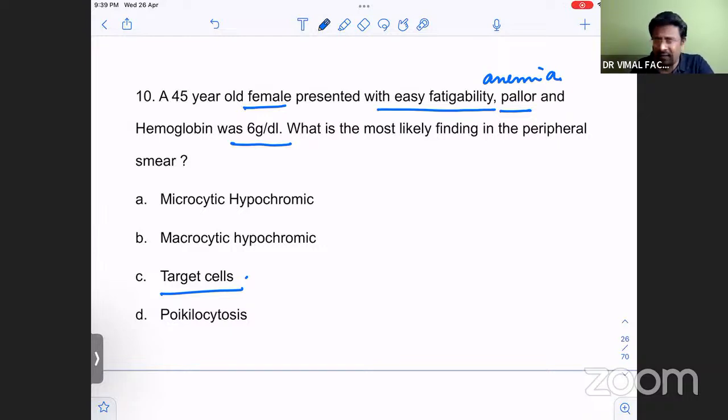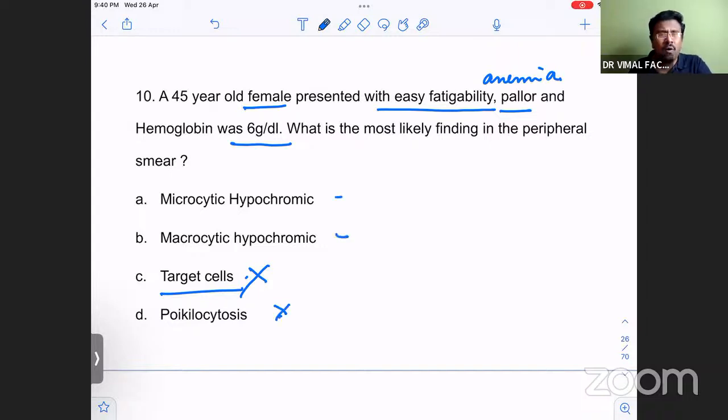It can be seen in anything. And poikilocytosis is a terminology that tells you there is variation in the shape of the RBCs. Variation in the size is called anisocytosis. Variation in the shape is called poikilocytosis. So that doesn't give you much of a clue.